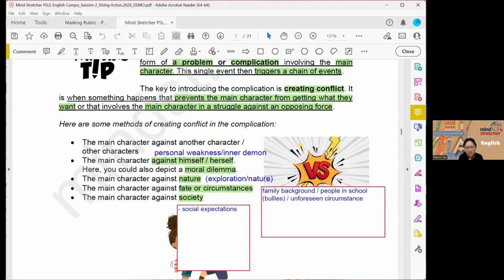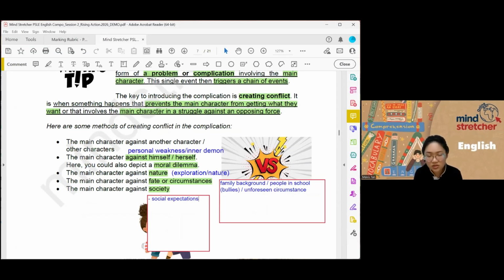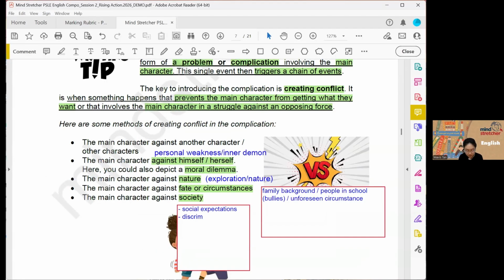It's a struggle. It can be very stressful, correct? So this could be social expectations, or they expect you to be good at something, but actually you're not. It could be discrimination. So in real life, in books, where we talk about racism and so on, discrimination, or some sort of social injustice.